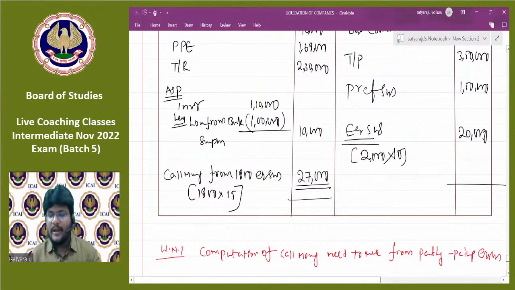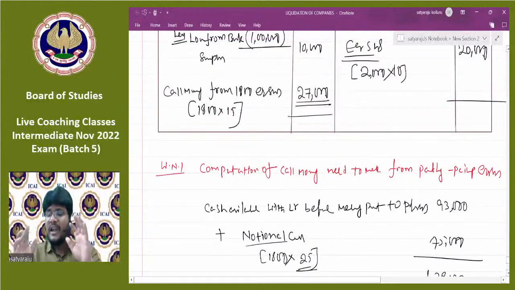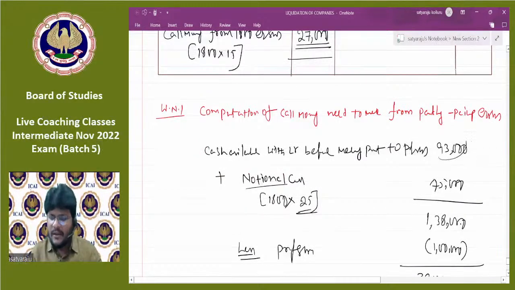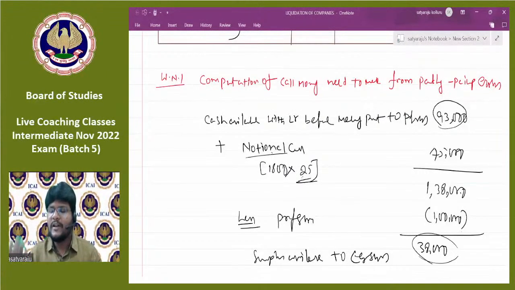One more time repeating the last step, guys. First, why are we making this entire working note? To find how much real call we need to make from the equity shareholders. First, I start with the cash availability. Then I made the notional call. This is not the real call. If you make 25 rupees per share as a notional call, after paying preference shareholders, you still have a cash surplus of 38,000 to distribute among the equity shareholders.